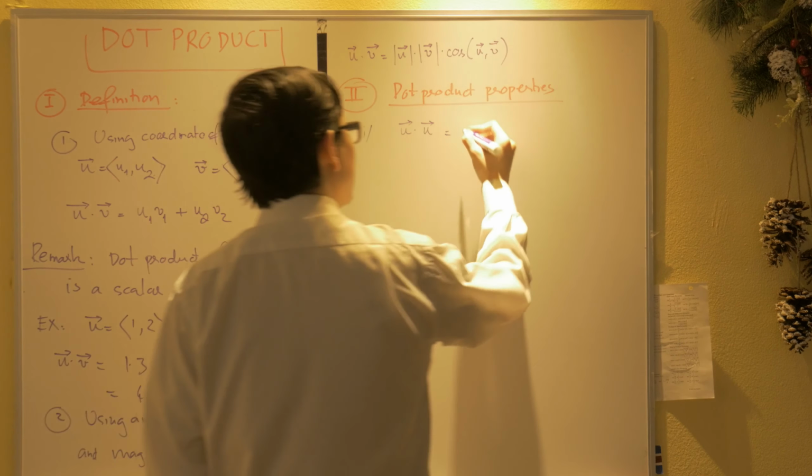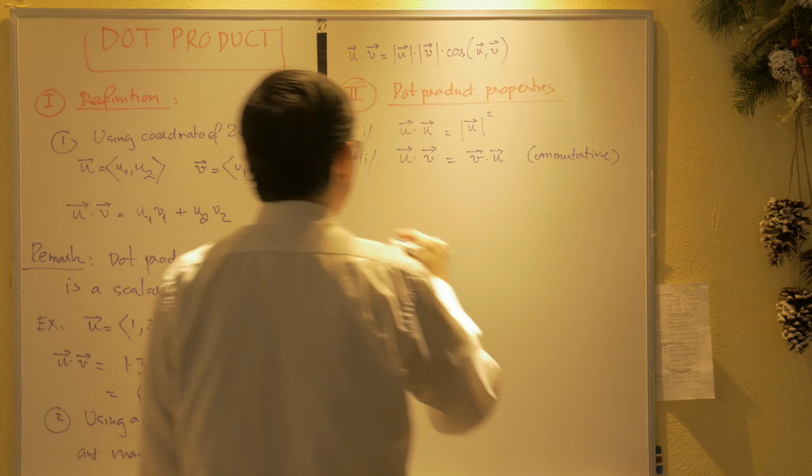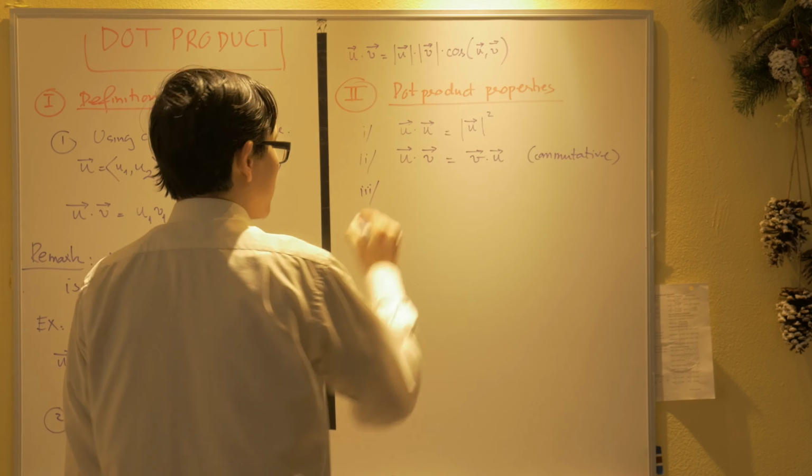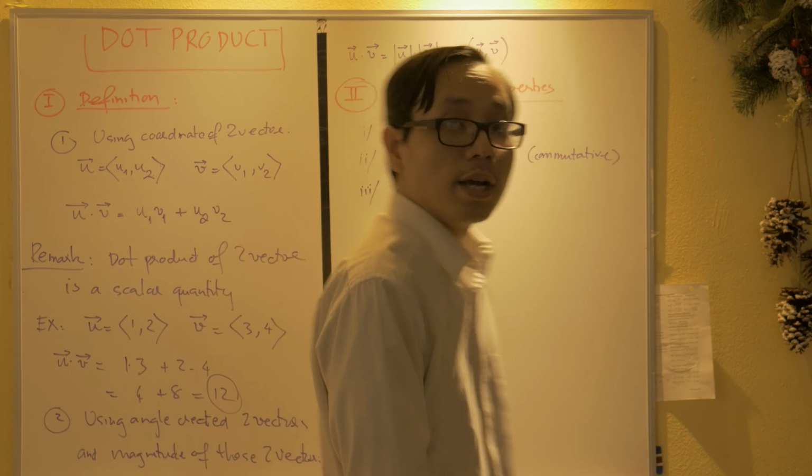So this is the commutative property. We also have distributive. If we multiply vector u by the sum of vector v and vector w, then you can distribute it: u times v plus u times w. So this is distributive.